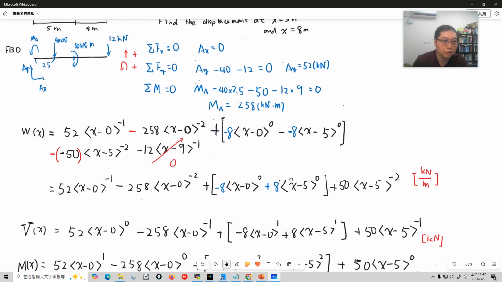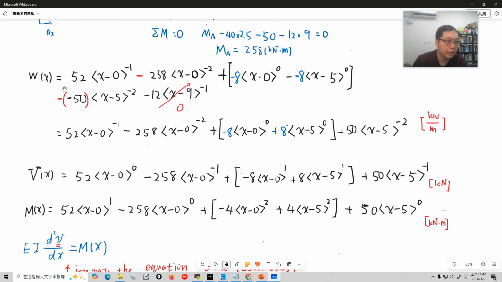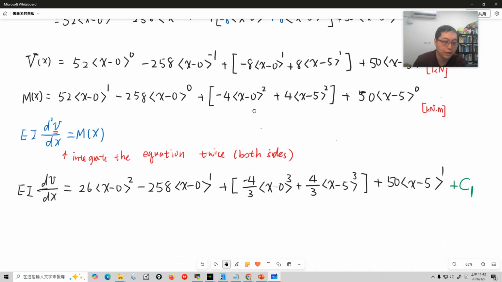Actually, it was your first step: we used rigid body equilibrium to calculate the reaction force and reaction moment from the support. Those are the undetermined constants, and you already solved them. So that's why in the W(x), V(x), and M(x) calculation, we didn't add any undetermined constant.